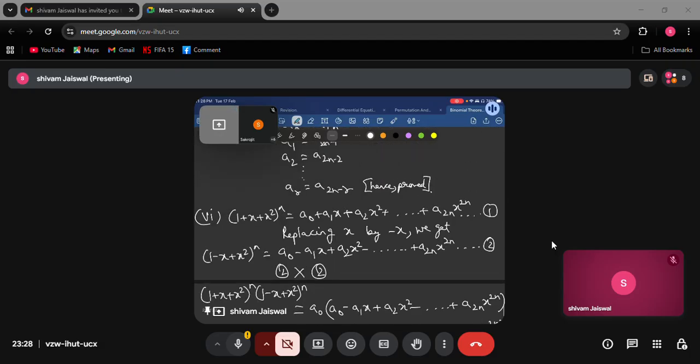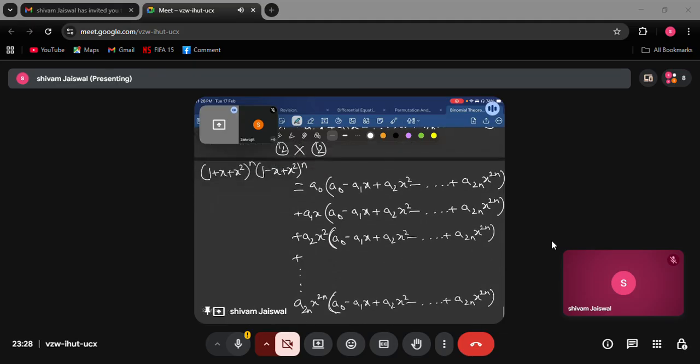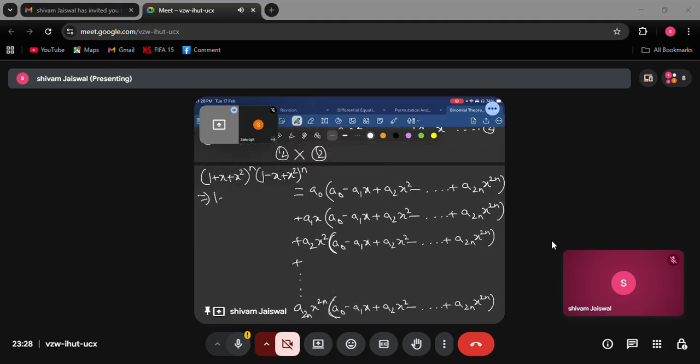Are you getting the coefficient of x to the power 2n on the right hand side: a0 square minus a1 square plus a2 square minus a3 square dot dot dot. And Sakrohit, tell me what is the coefficient of x to the power 2n on the left hand side? This is nothing but (1 plus x square plus x to the power 4) whole to the power n.